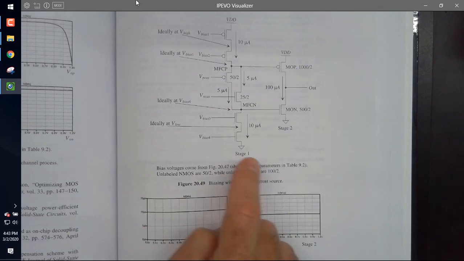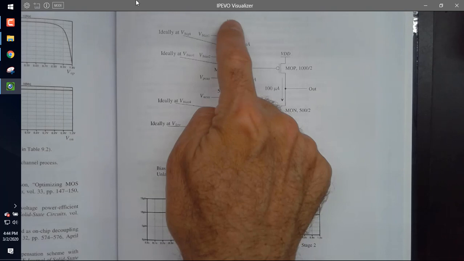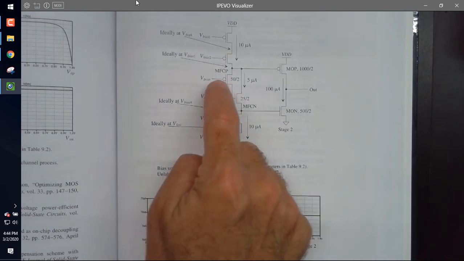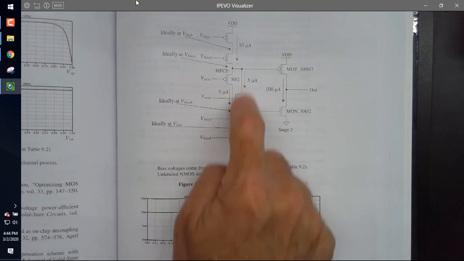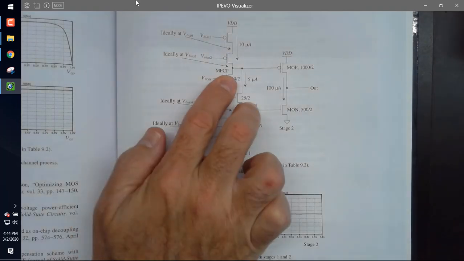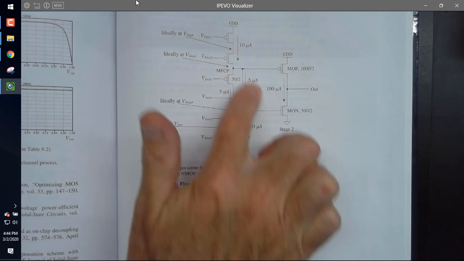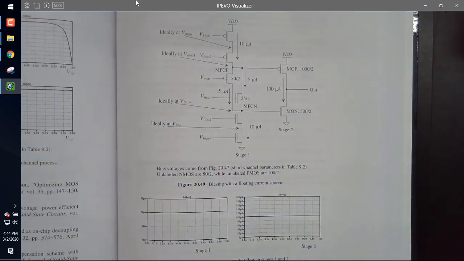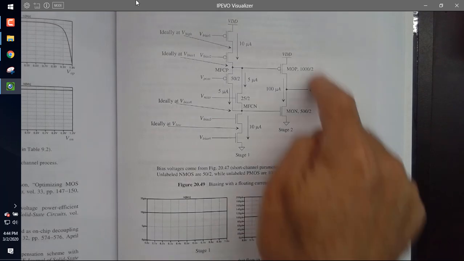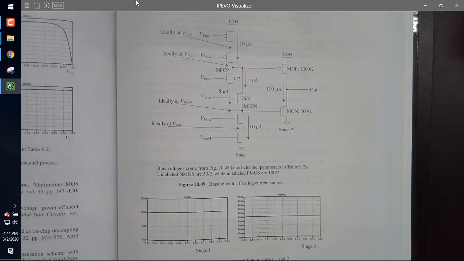And notice, since I have 10 microamps there and 10 microamps there, and I need to set this node using this transistor, but I only want 5 through here and 5 through here, I've halved the size of this floating current source here, so that the currents all add up right. And in the next chapter, at the end, we'll determine what the gain of this is. All right, are there any questions on this circuit?